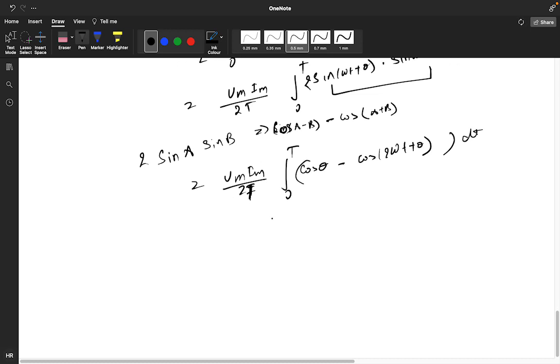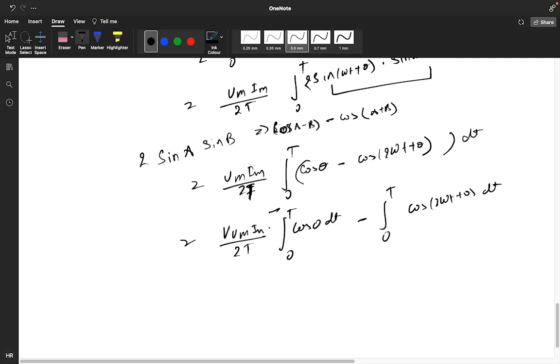Okay. So if you solve, this cos theta is a constant term. So you are getting the result as Vm into Im by 2T into the integral of cos theta dt from 0 to T, minus the integral from 0 to T of cos(2 omega t plus theta) dt.